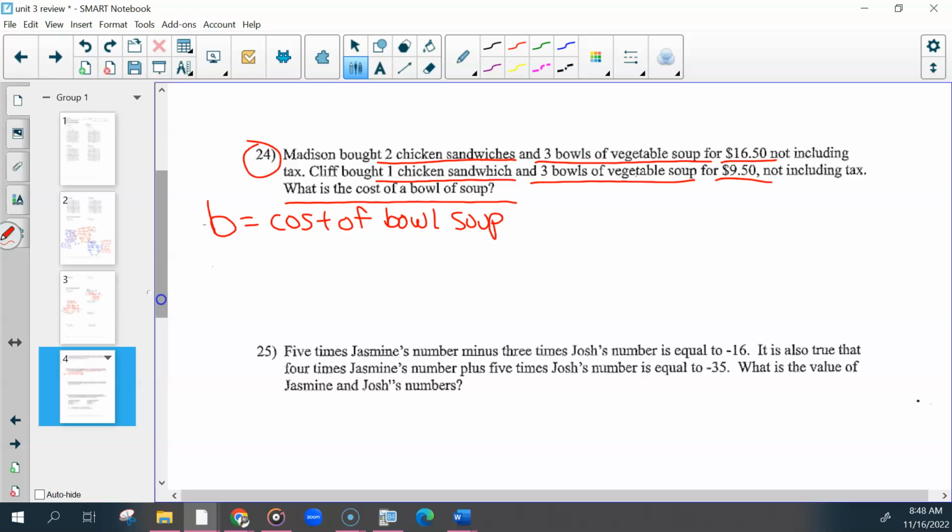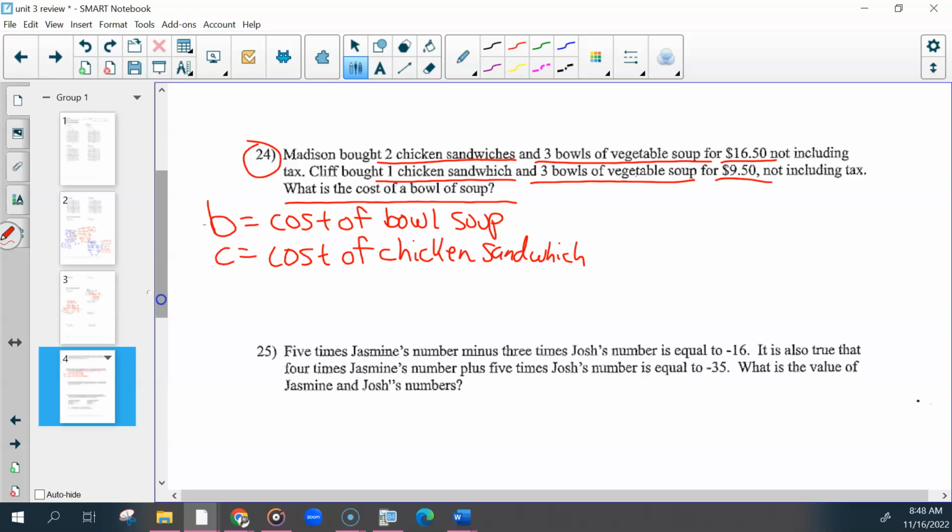We also need the other variable, even though it's not asking about the other one. So I'm going to say C, the cost of a chicken sandwich. So define both of your variables, set up both of your equations.